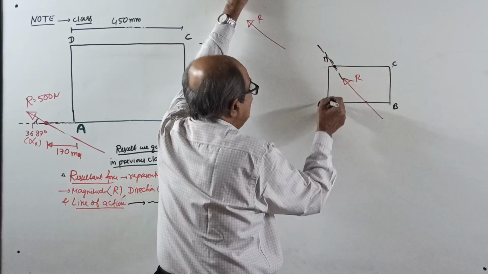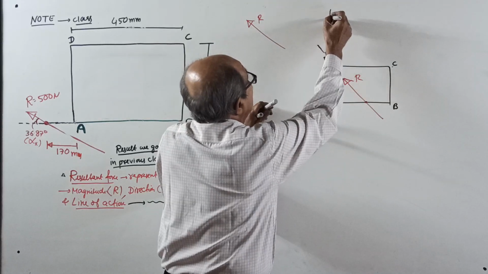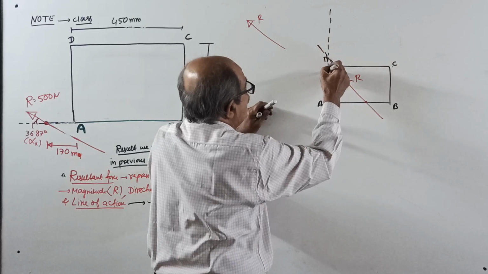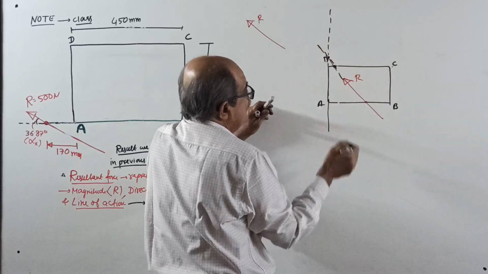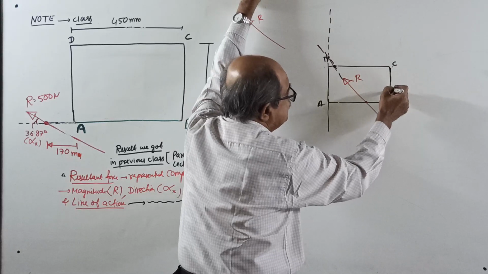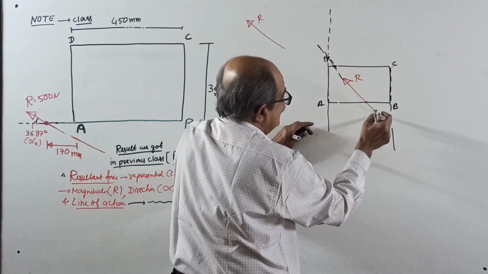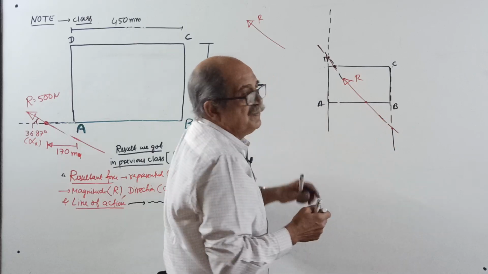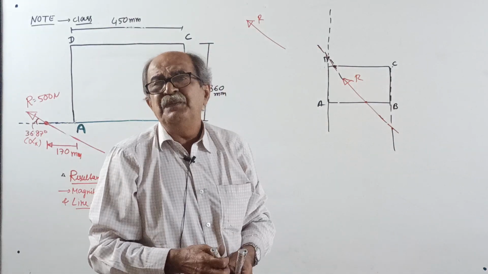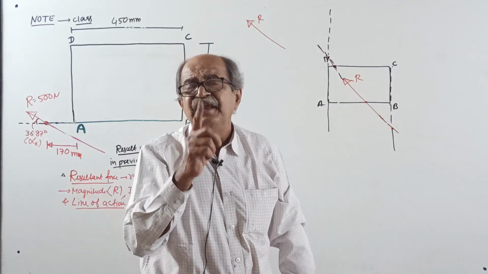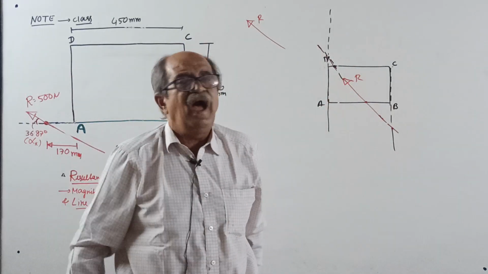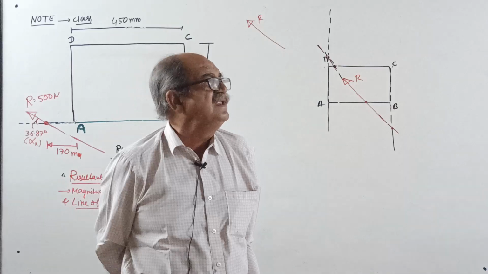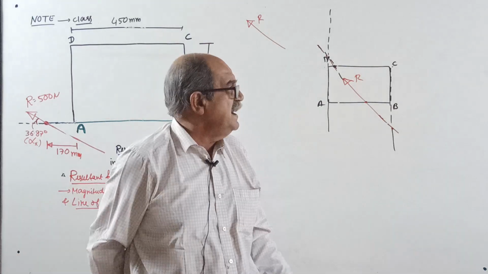Why not? Extend this vertical line, and the resultant cuts the vertical line here. Extend this line too. Therefore, make a note: if the resultant is inclined, it will cut each and every horizontal line and each and every vertical line.